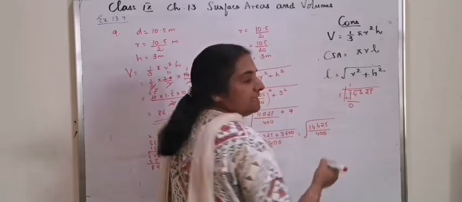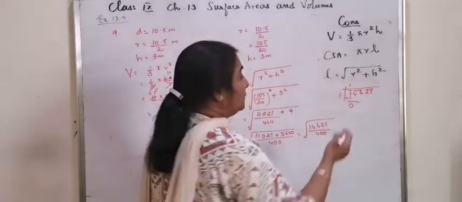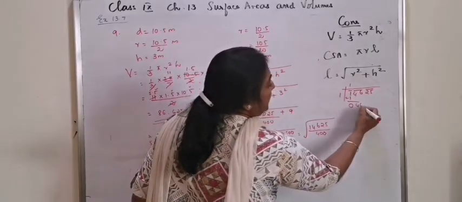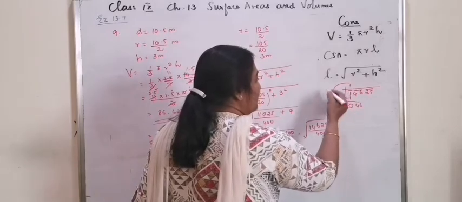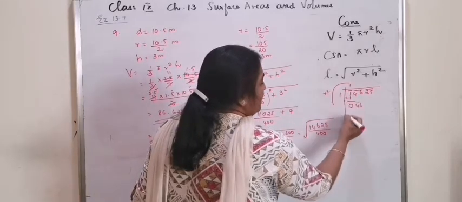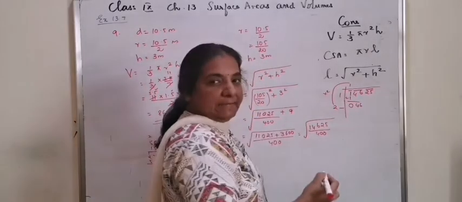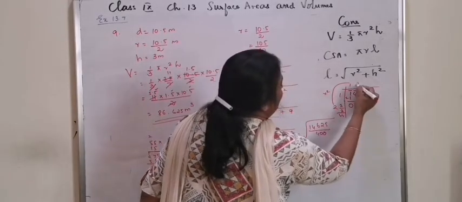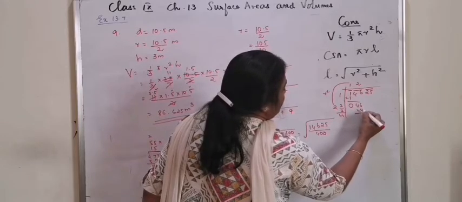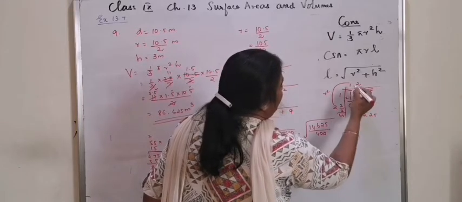You subtract and get 0. For the square root, you bring down 2 digits, that is 46, and double of 1 is 2, and 22 into 2 gives you 44. 6 minus 4 is 2, then 225.